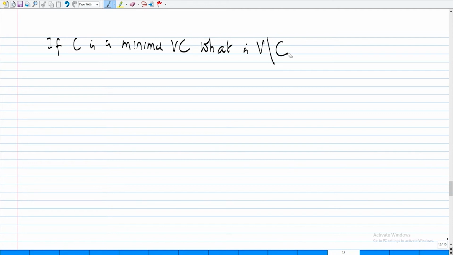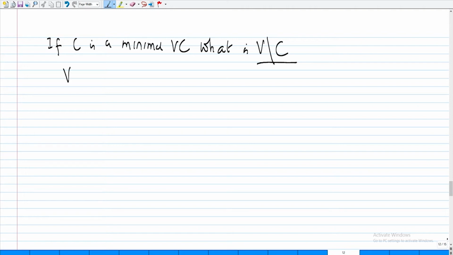Can there be edges inside V minus C? C is a vertex cover in a graph, which means that it intersects every edge. Now you look at the vertices in the complement of C, that is the set V minus C. Can there be any edges inside this set? By this long story, it is not possible.